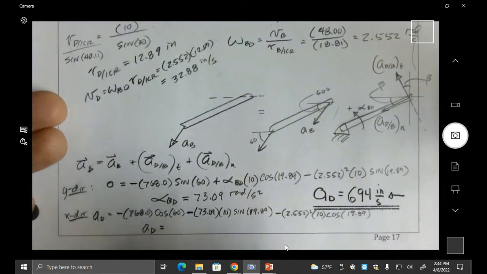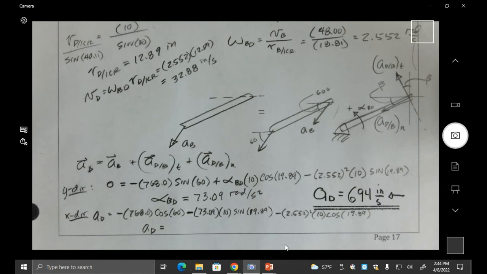And AD is equal to, so let's see, 10 times that, 19.89 sine times that, okay. So that portion, and then go 768 times 60 cosine.